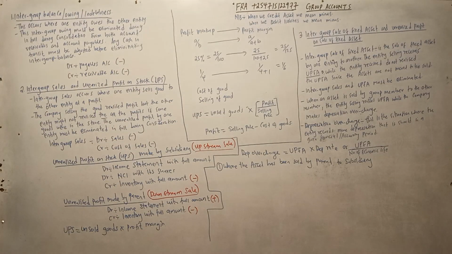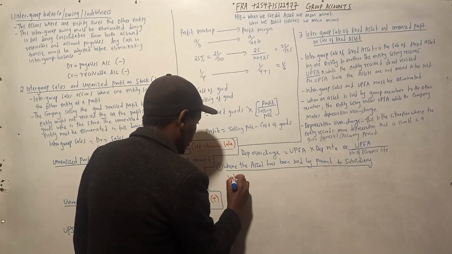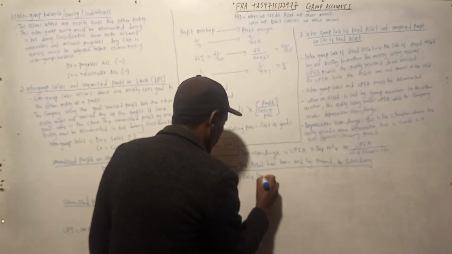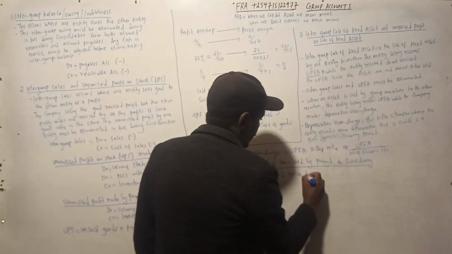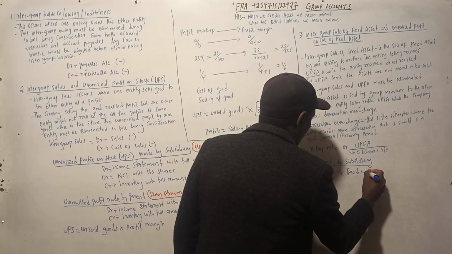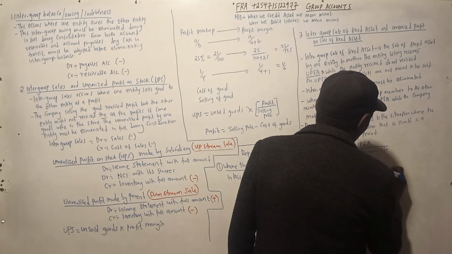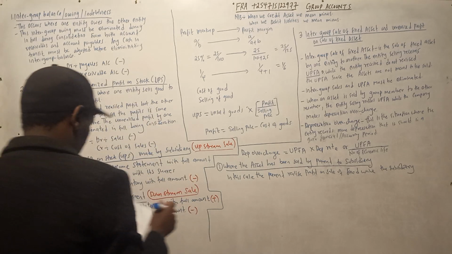When the asset is sold by the parent to the subsidiary, the parent realizes profit on sale of fixed assets, while the subsidiary makes the depreciation overcharge. You need to know that.